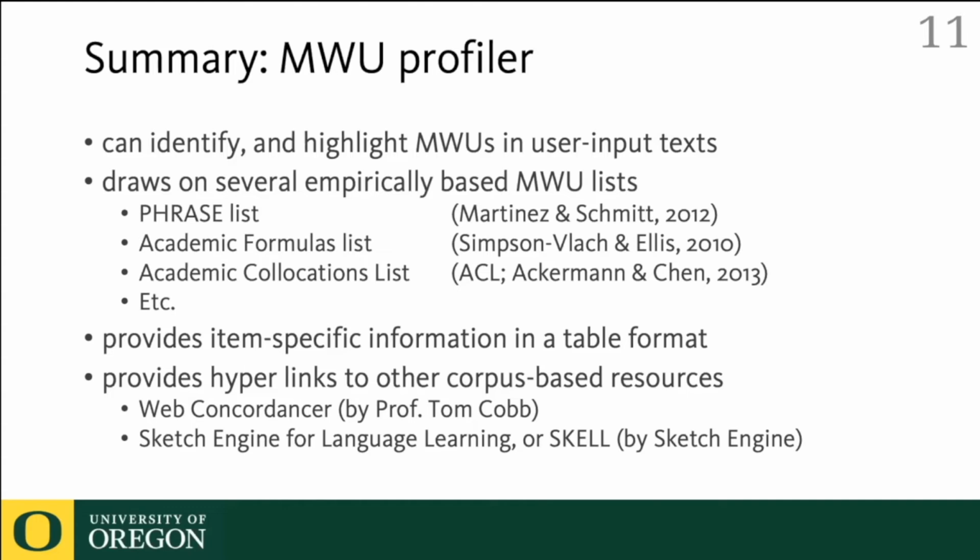The profiler can identify and highlight multi-word units using some empirically based multi-word unit lists, such as the phrase list, academic formulas list, and academic collocations list. It can also provide, in table format, item-specific information, and it can also have hyperlinks to other corpus-based resources to enhance the learning experience.